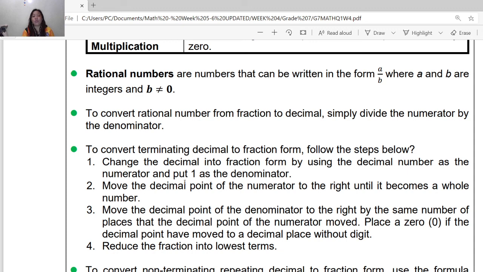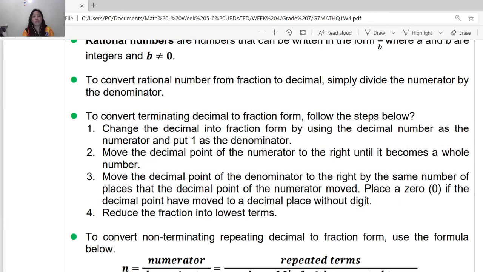Number 2, move the decimal point of the numerator to the right until it becomes a whole number. Then move the decimal point of the denominator to the right by the same number of places that the decimal point of the number moved. Place a 0 if the decimal point has moved to a decimal place without a digit. Number 4, reduce the fraction to lowest terms.